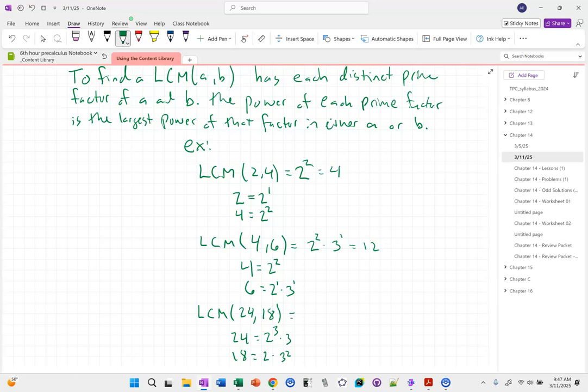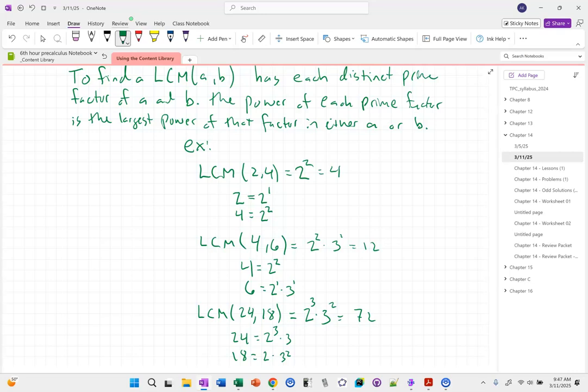So my least common multiple contains the factors 2 and 3. The power of 2 should be to the third. Good. And the power of 3 should be to the second. Very good. So that comes out to be 72. What do you guys think?